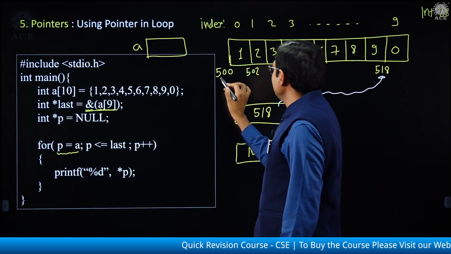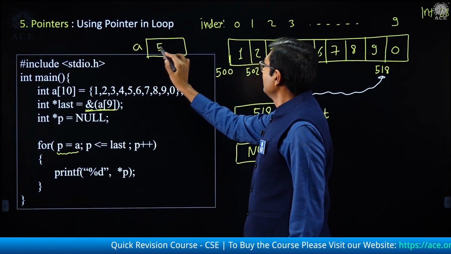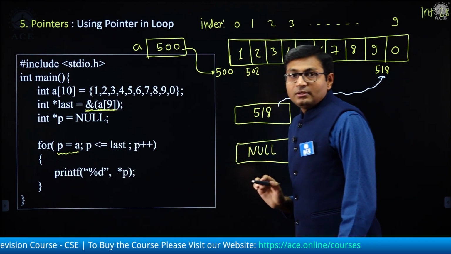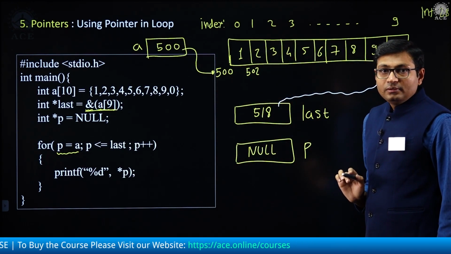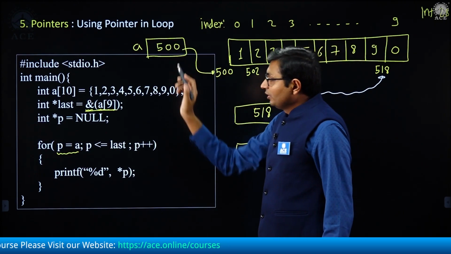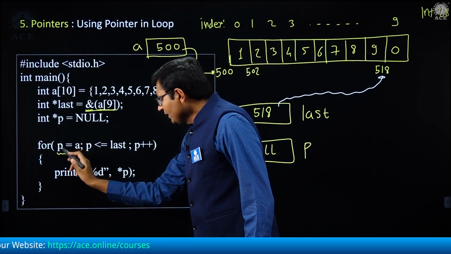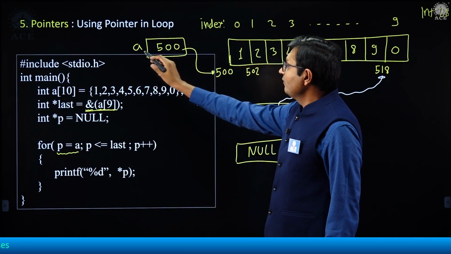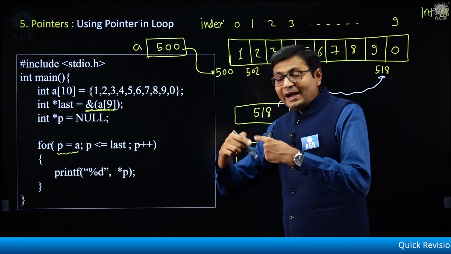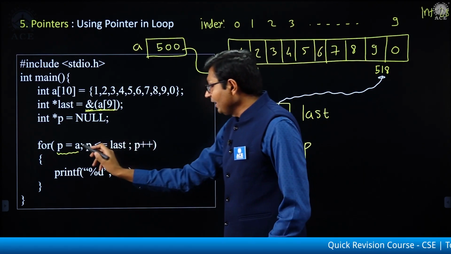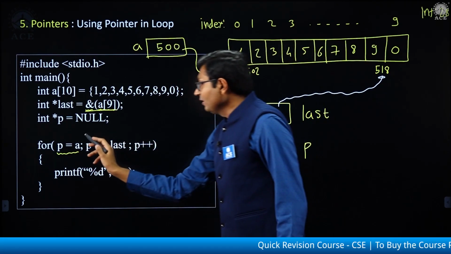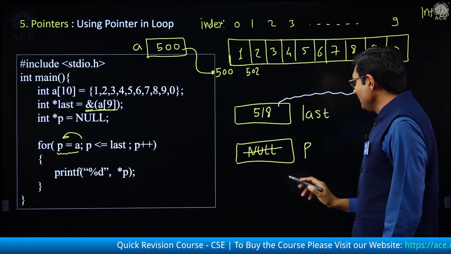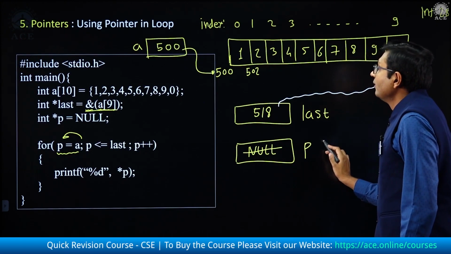This will hold the start address of the array elements. So, that is how the 500 is stored in the variable a. Now, here is the statement p is equal to a. What is the value of a? Not value at a. I am saying value of a, that is 500. 500 will be stored in the variable p. So, this will be replaced by 500.